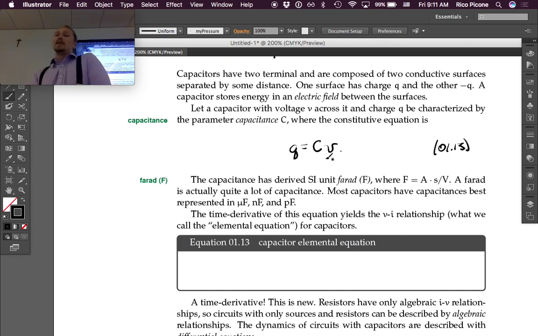Okay, so we don't have to worry about that when we take the time derivative of that side. dV dt, we're going to leave it as dV dt because we want it in terms of voltage. So we're going to actually solve for dV dt when I represent it here. dV dt equals, then we have to divide both sides by C, and dq dt is just I.